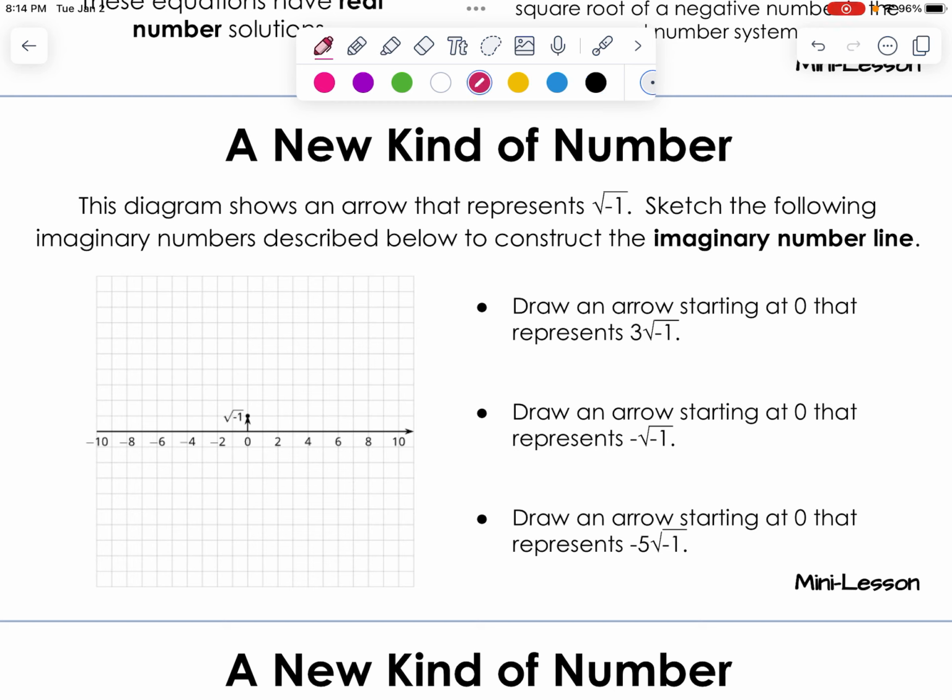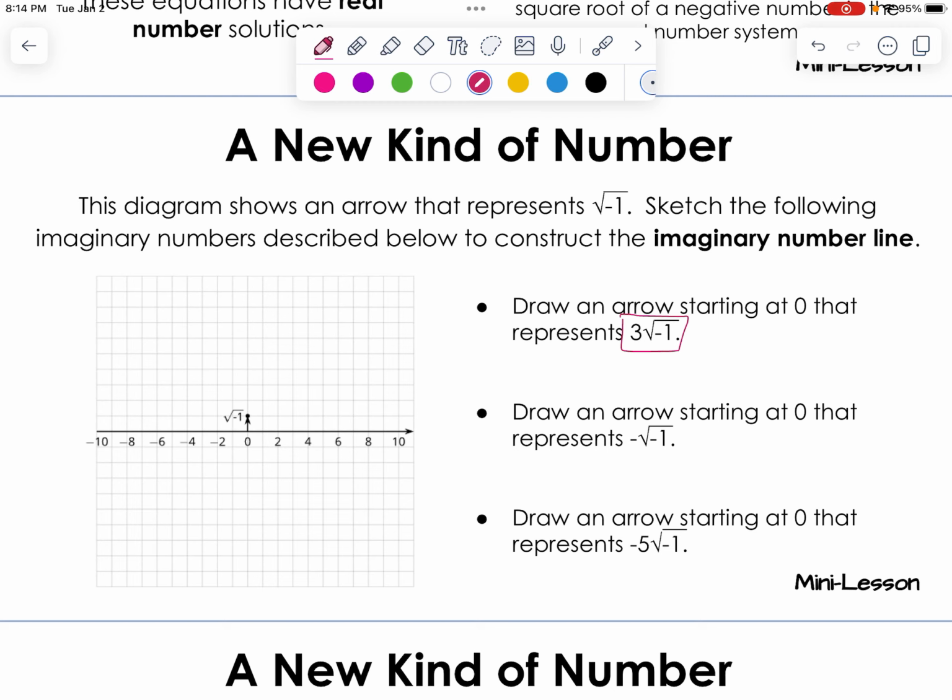So let's draw a few other imaginary numbers on this number line, starting with 3 times the square root of -1. I see right there already the square root of -1 is graphed for us. But if I want to do 3 times that, you can almost think about transformations. That would be like a stretch.